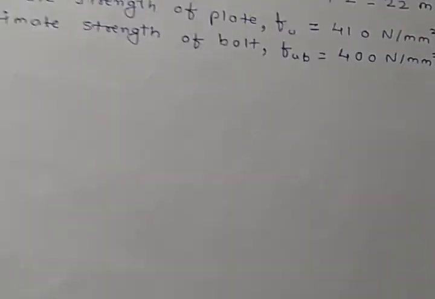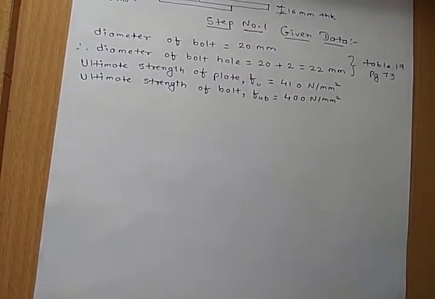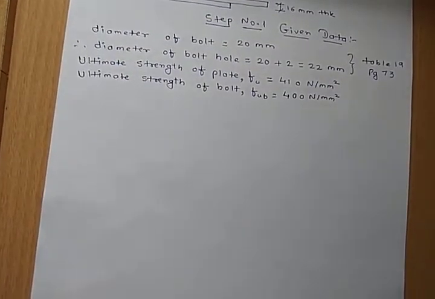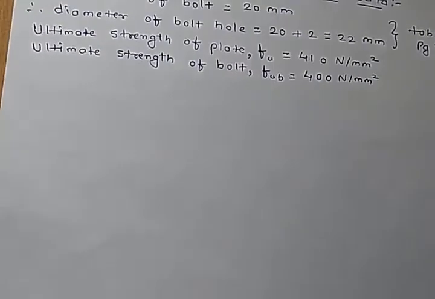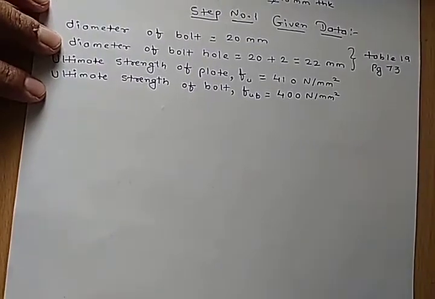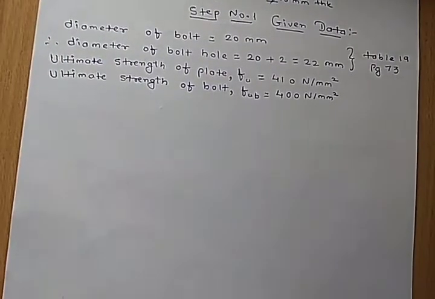So the minimum edge distance we need to calculate. According to the clause, it is 1.7 times the diameter of the hole.